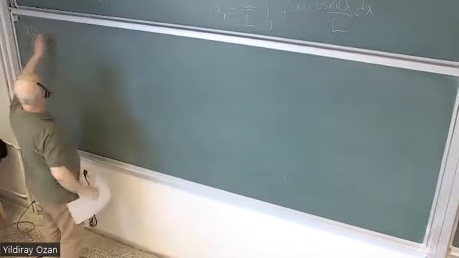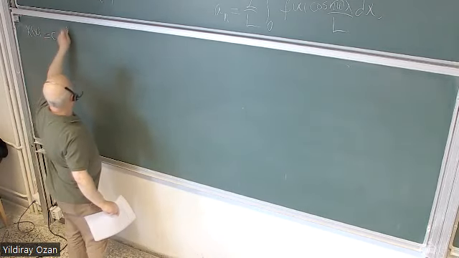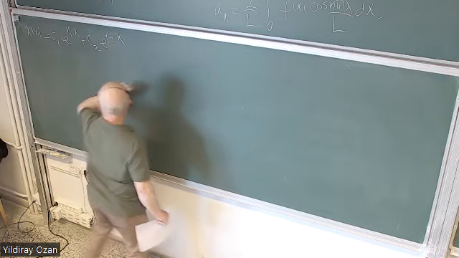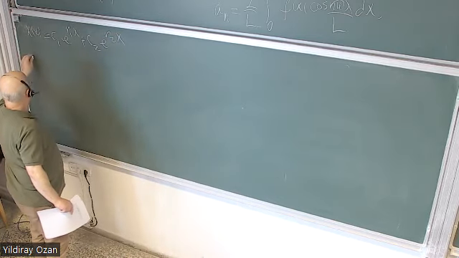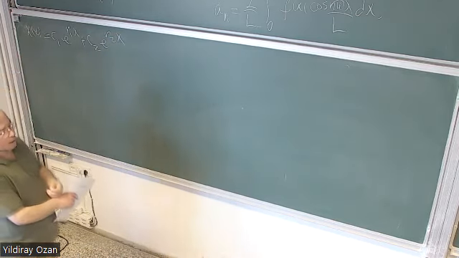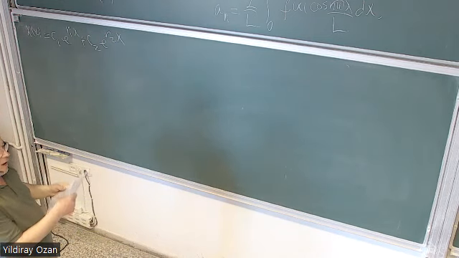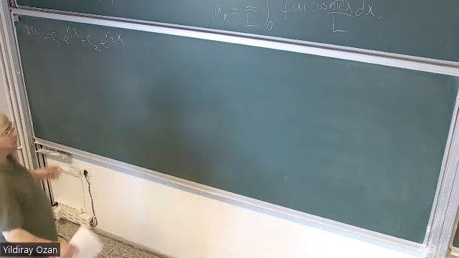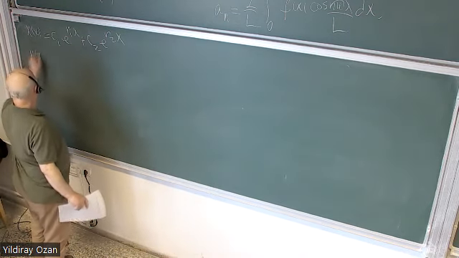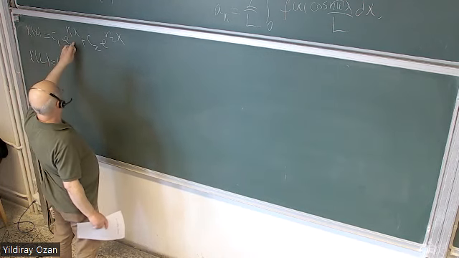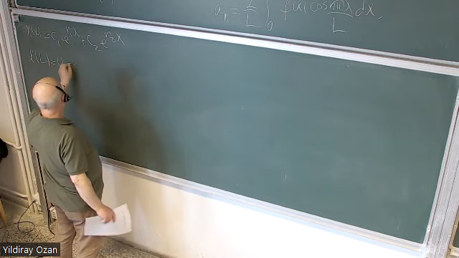X of x is just c1 times e to the power r1x plus c2 times e to the power r2x. And we have what? Neydi? X prime of 0 is 0 ve X of L is 0. So when I plug in 0, I should get 0.